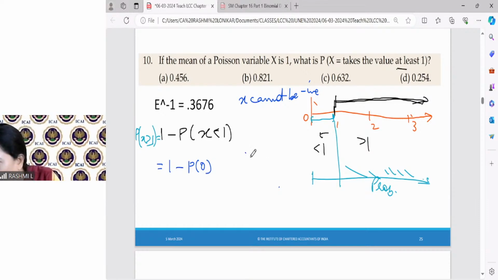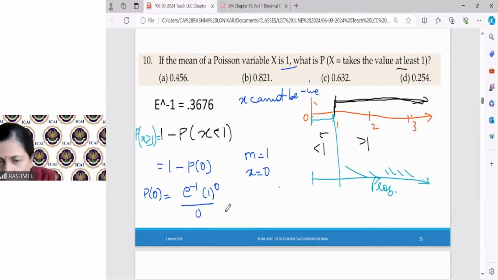Now what is my m? The mean of the Poisson is 1, so m is given as 1, and x is 0. So what is my P(0) equal to? e raised to minus 1, 1 raised to 0 upon 0 factorial.